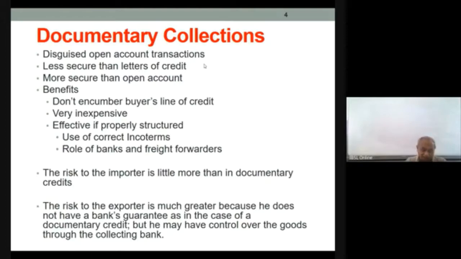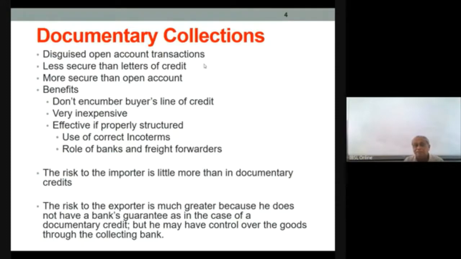Very inexpensive. Effective if properly structured. Then use of correct Incoterms. We are learning Incoterms. Then the role of banks and freight forwarders.